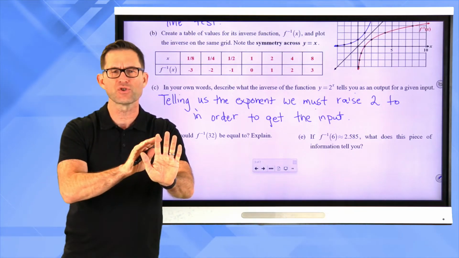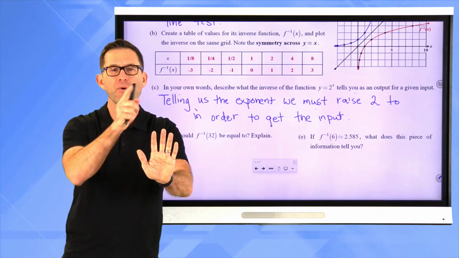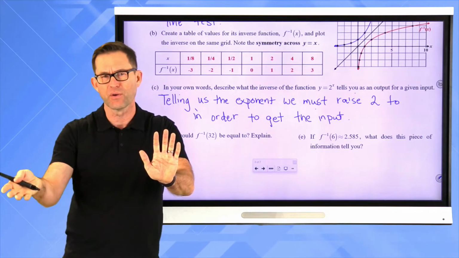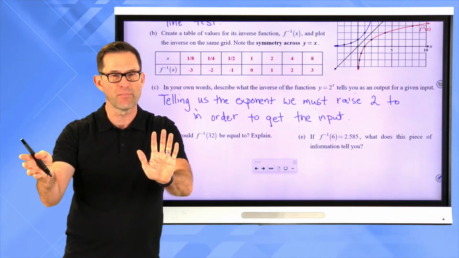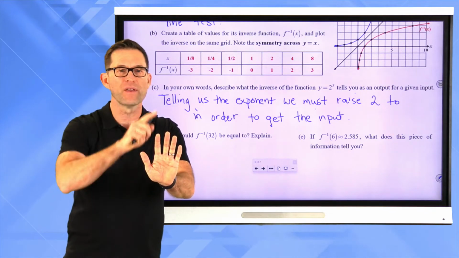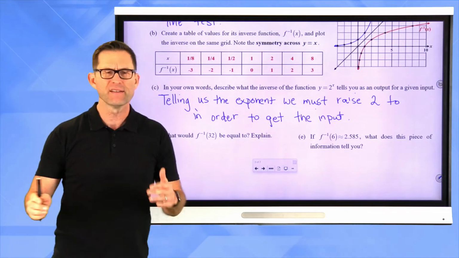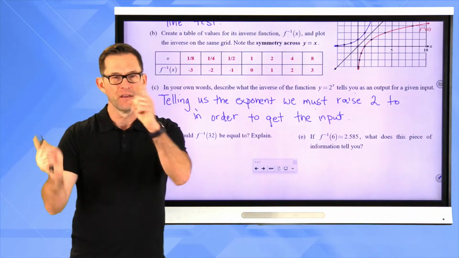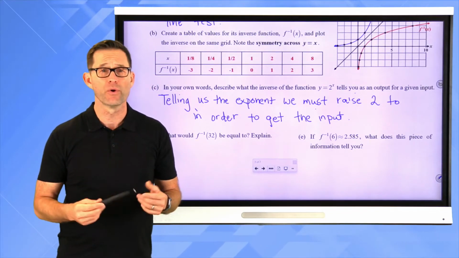So what an exponential function always tells you for a fixed base is what the result is by putting the input exponent in, right? And then you get a result. What the logarithm is doing is taking that result as the input and telling you the exponent that you need to raise the base to in order to get that input. And that is a very weird way of looking at a function, but it's very similar to looking at roots, right?